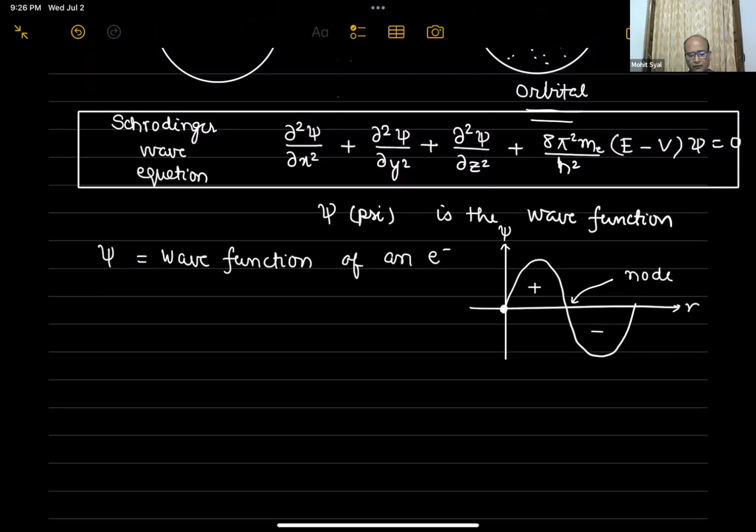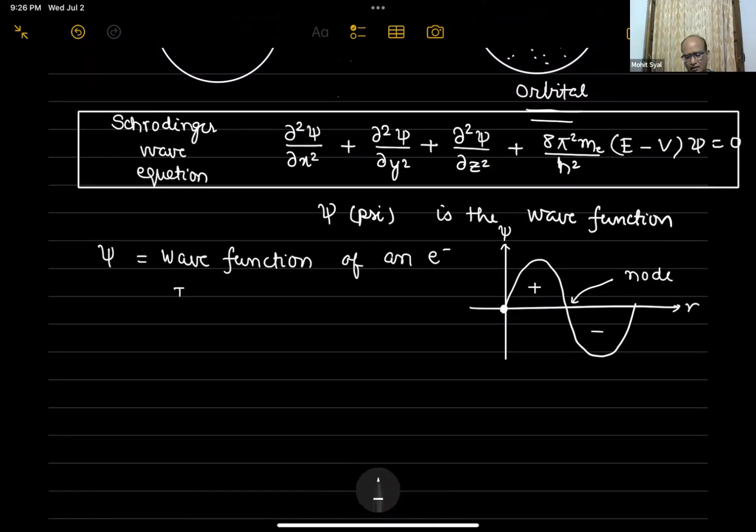If it is a wave, we know that we cannot pinpoint it, just like in the Bohr model, that this is the electron. Now we know that the electron has a wave nature. We need to describe the wave, and the function to describe the wave is the wave function psi. It can have a positive value, negative value, or zero value.